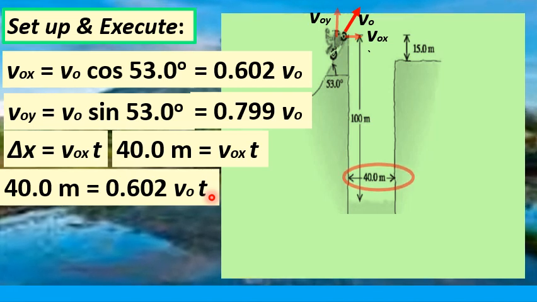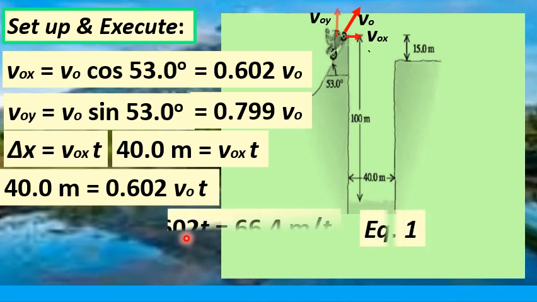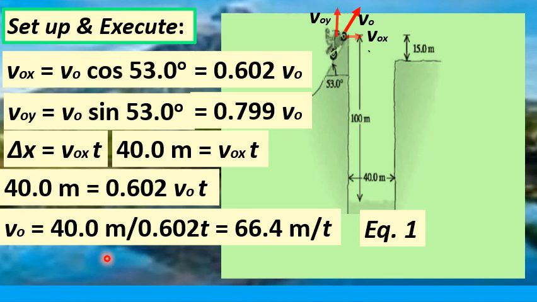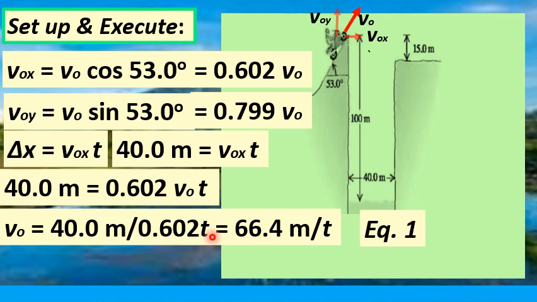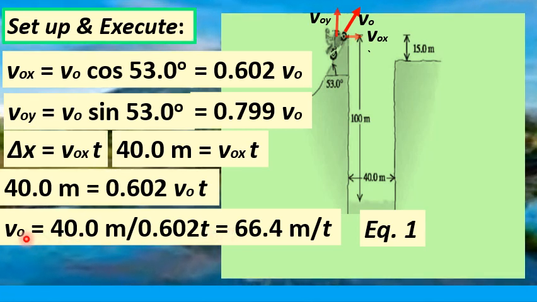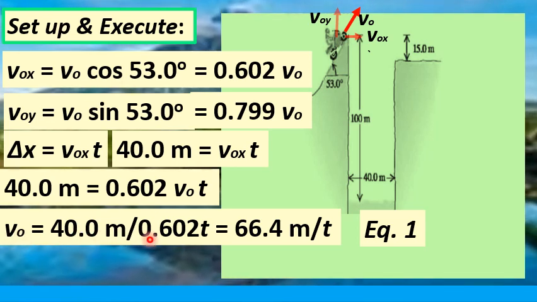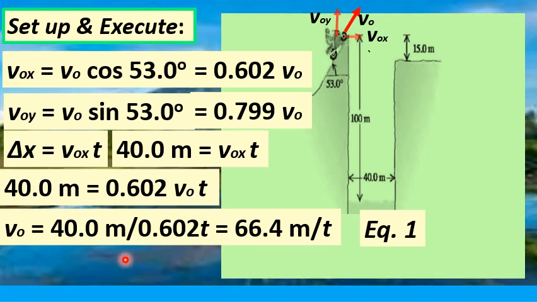So isolating v0, we'll have our equation for v0, that is v0 is equal to 66.4 meters divided by the time t, and we label it here as our equation number 1. Take note, in equation number 1 we have two unknown variables, the initial speed v0 as well as the time t. So we need to have another equation.